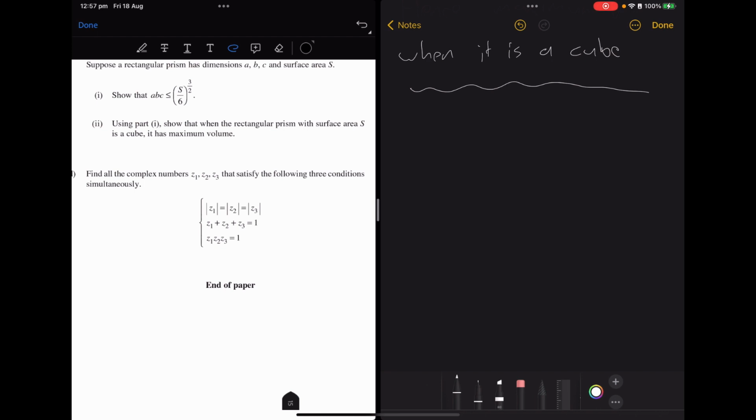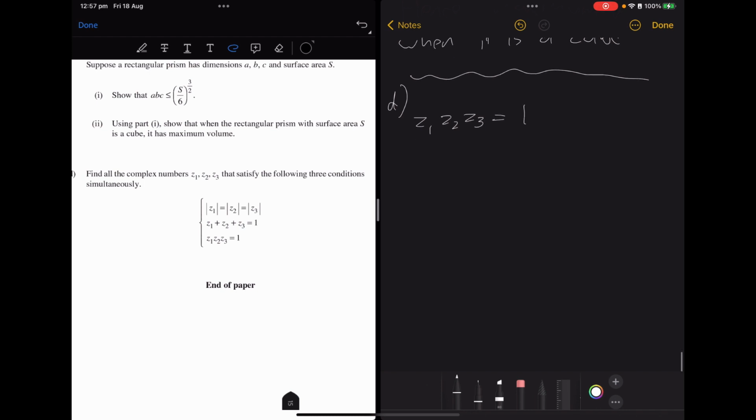So first off, we know that since z1 z2 z3 is equal to 1, and we have that modulus of z1 equals modulus of z2 equals modulus of z3, when we times them together, the modulus of z1, z2, and z3 should also equal 1.